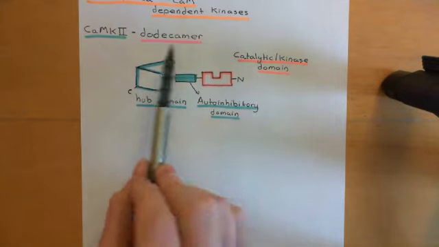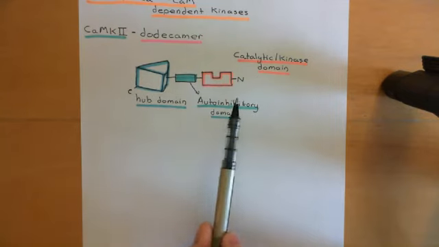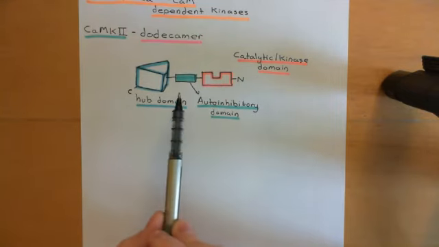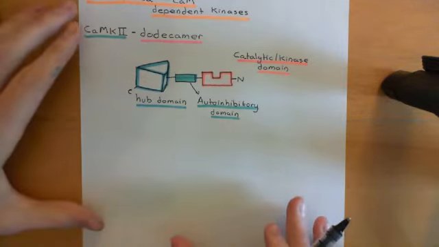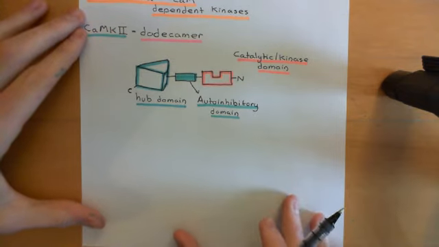I did that just to make it look simple. But in reality, without a calcium signal and without calcium-calmodulin complexes, the CamKII 2 will be in the inactive state. So when I now go over to showing it as a dodecamer, I'm going to show the CamKII 2s in the inactive state.